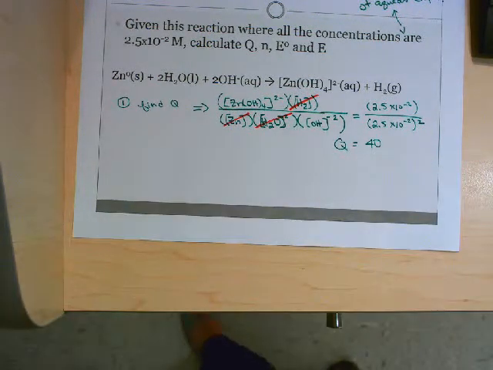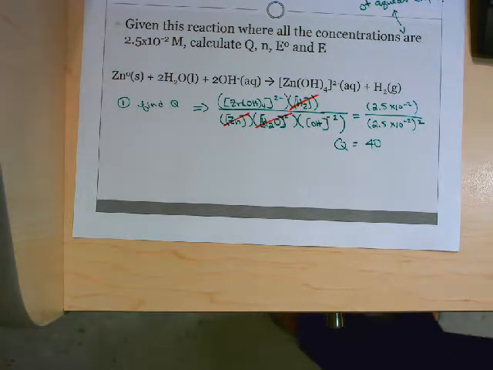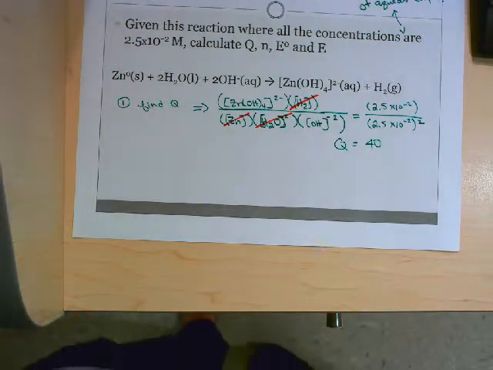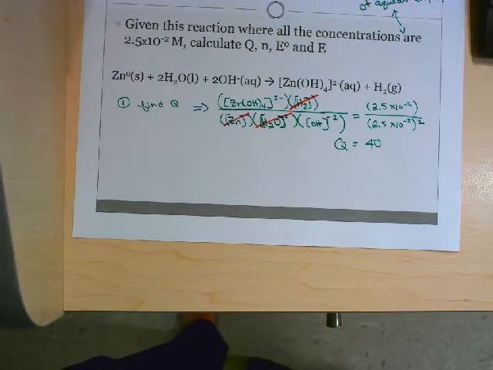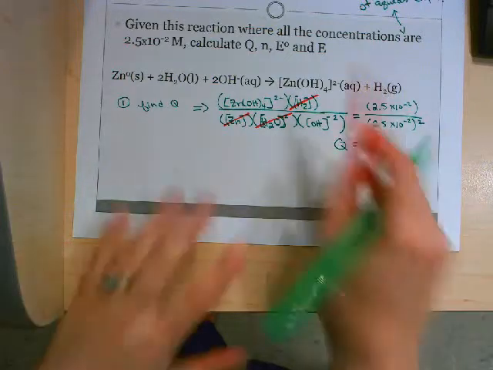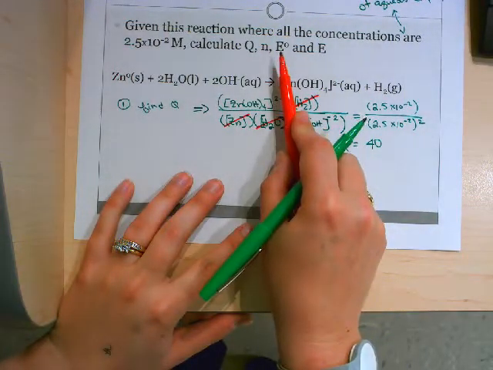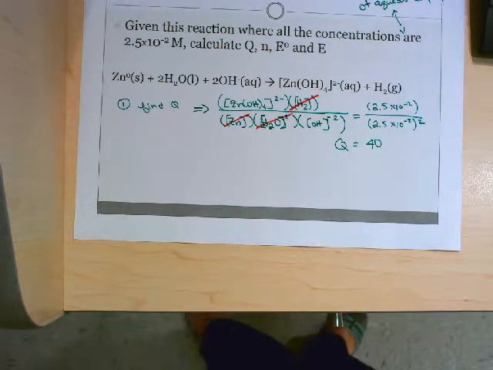Alright, so I have a Q equals 40. Where are we at in comparison to 1? Greater than 1. Good. So what do we expect E to be compared to E standard state? Less than. So we're going to calculate and prove that's correct.